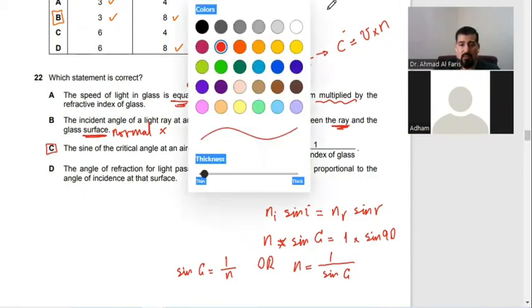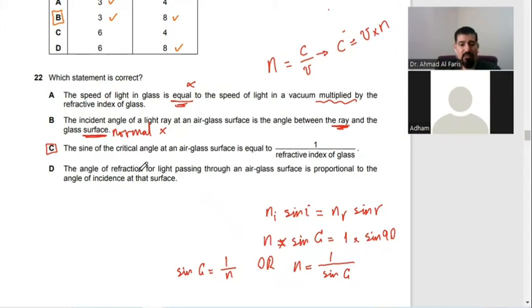In part D, what do we have here? The angle of refraction for the light passing through an air-glass surface is proportional to the angle of incidence at that surface. There is a relationship between the angle of refraction and the angle of incidence, but actually the sine and the sine are directly proportional, because we know that N equals sine i over sine r.